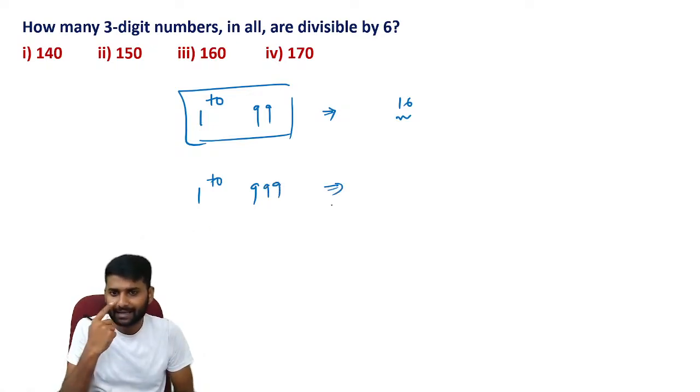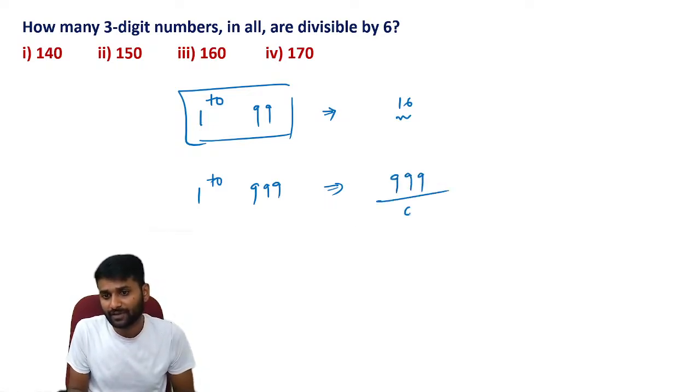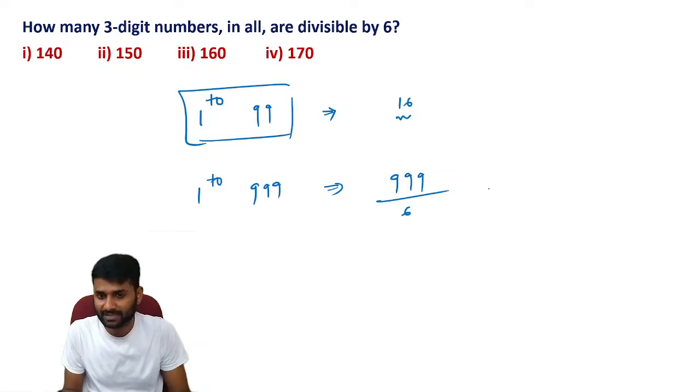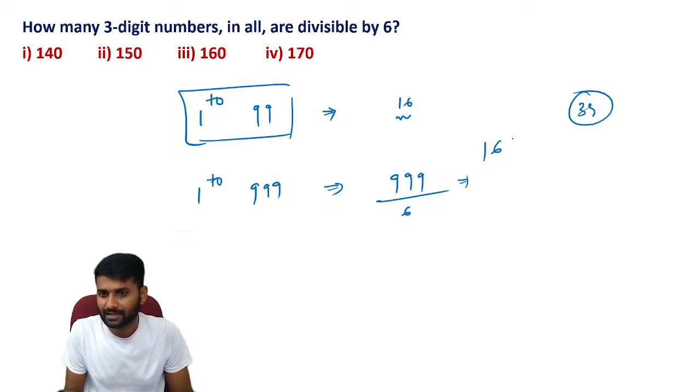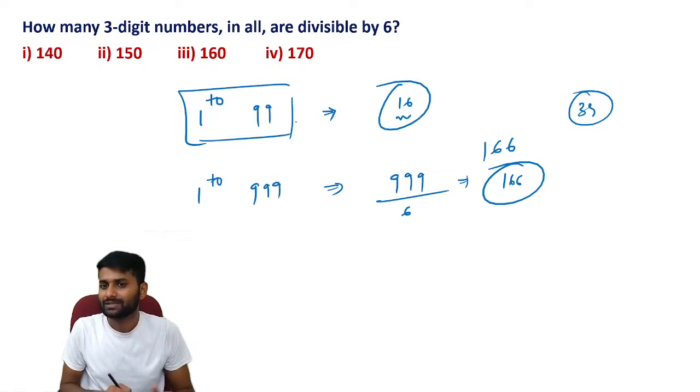You know that 99 is not divisible by 6. Remember guys, 999 is also not divisible by 6. So let's identify the quotient when 999 is divided by 6. Here the quotient is 166, and for 99 the quotient is 16.